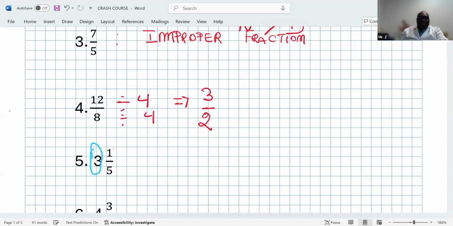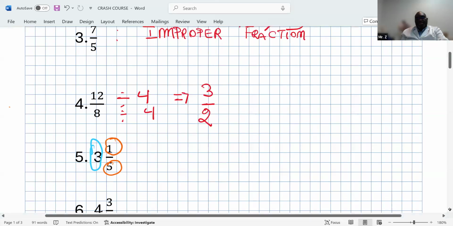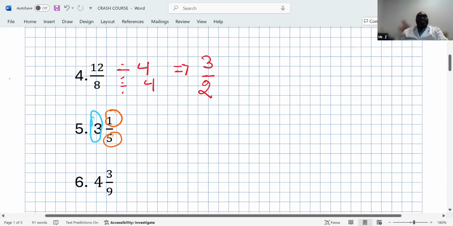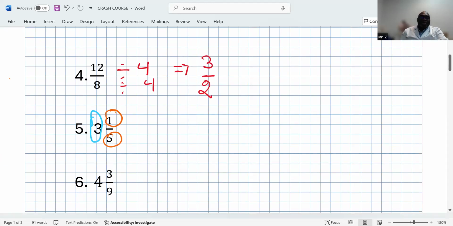So this number 5 is a mixed number. Number 6 as well is a mixed number because you have a whole number, which is 4, and a 3/9. 3/9 is a proper fraction.